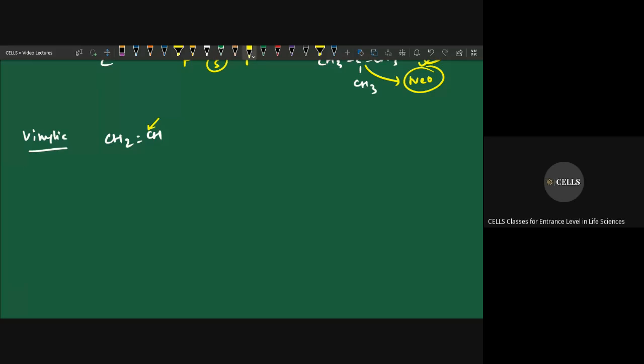The carbon which is double bonded is vinylic carbon. So for example, vinyl chloride: CH2 double bond CH, Cl.